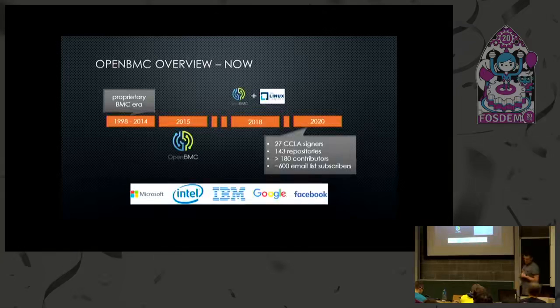Okay, so in 2015, OpenBMC arrived. The idea was to create an open source BMC firmware stack. I was not there, but I can imagine there were two reasons to create it.